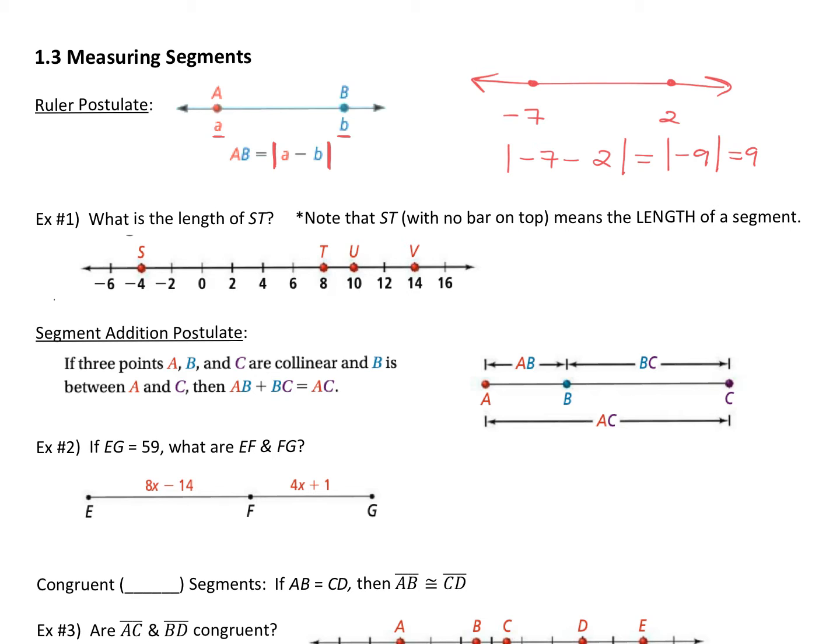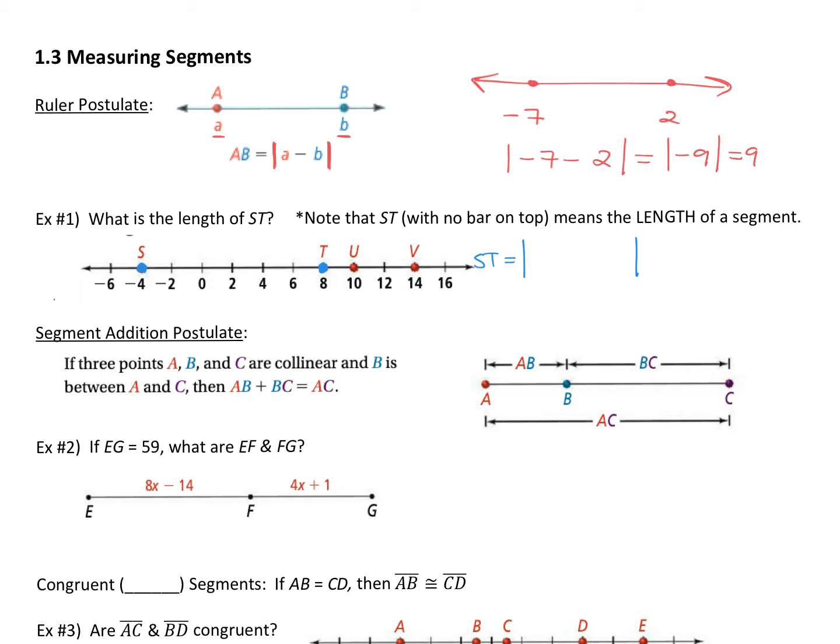So look at example 1 here. It says, what is the length of ST? So ST goes from a -4 to a +8, and we are going to find the length of that ST. So what you're going to do is take the absolute value of what? -4 minus 8, or 8 minus -4, right?